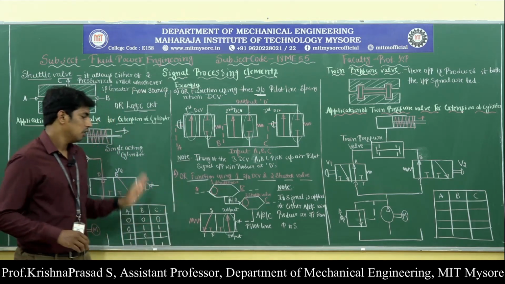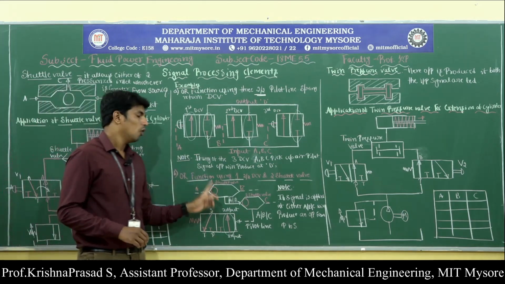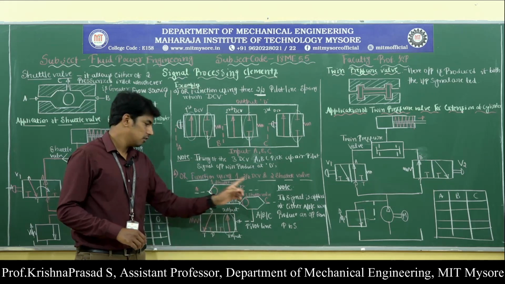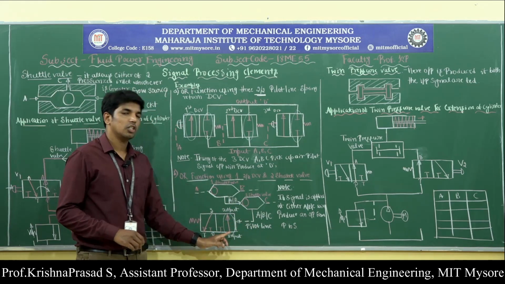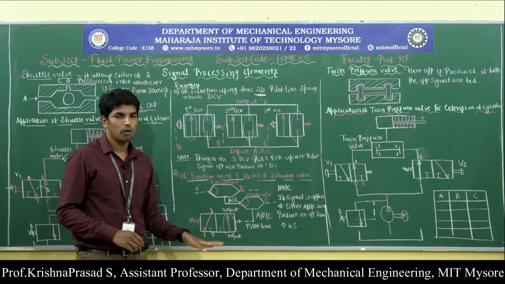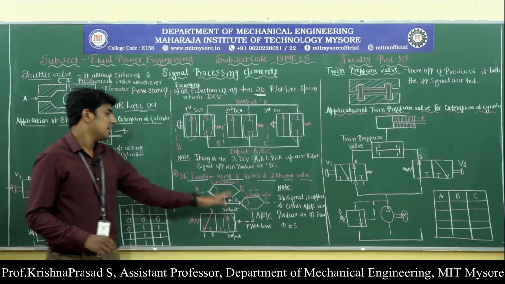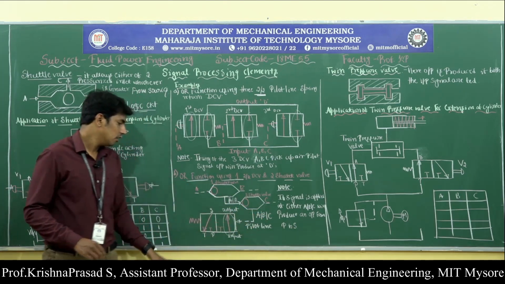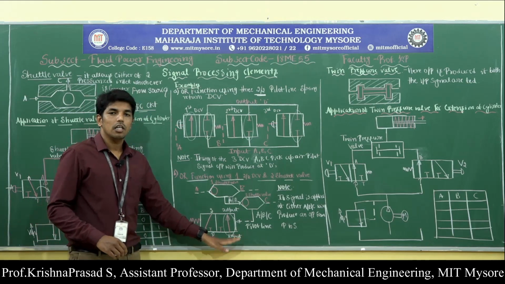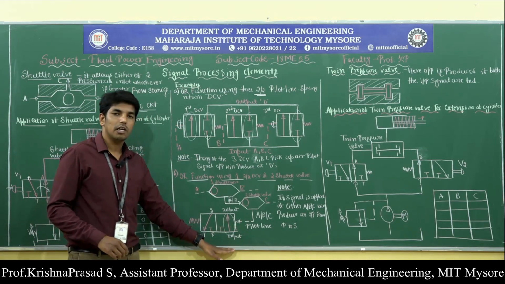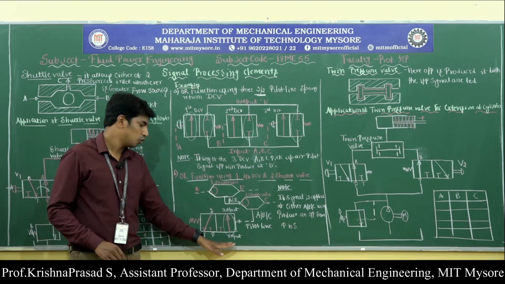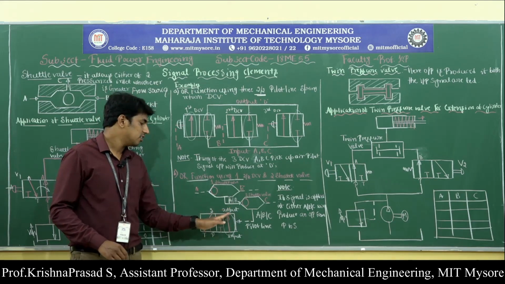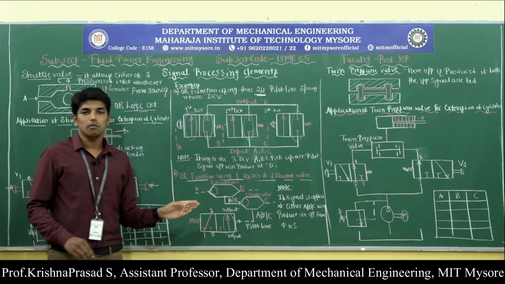I repeat, it consists of one 2x2 pilot operated spring return direction control valve and 2 shuttle valves. Here A, B, C act as the inlet ports, P acts as the inlet port of the 2x2 direction control valve, and S acts as the outlet port.